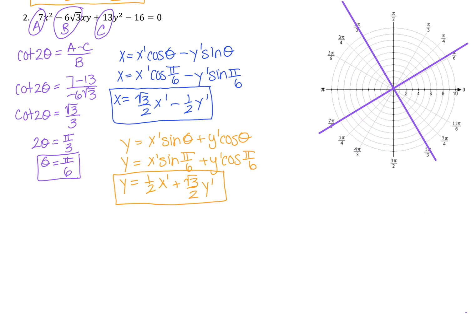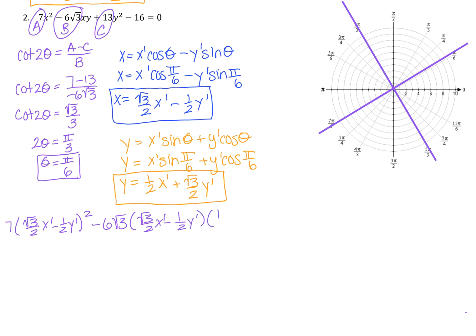So I have 7 times x squared. I plug in my x value, which is root 3 over 2 x prime minus 1/2 y prime, quantity squared, minus 6 square root of 3 times x, so root 3 over 2 x prime minus 1/2 y prime, times y, so that's 1/2 x prime plus square root of 3 over 2 y prime.